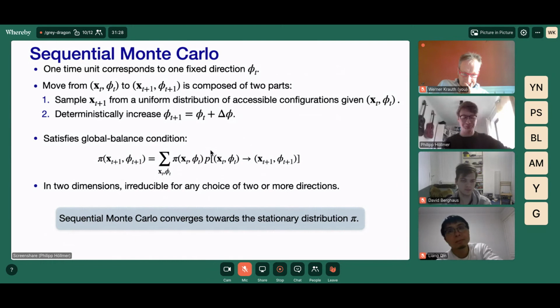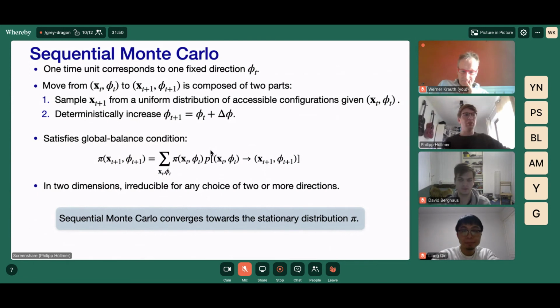And we show basically that the flow into any position and direction is equal to its probability density. So here on the right, we sum over all other directions and positions, and then we have here this P, this transition probabilities.